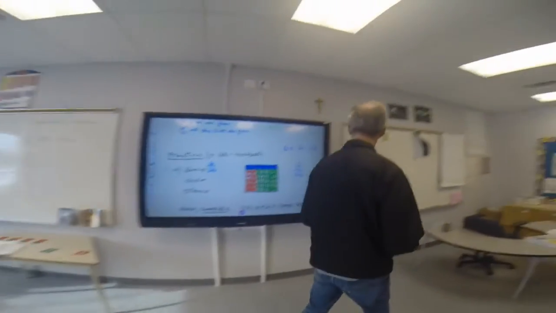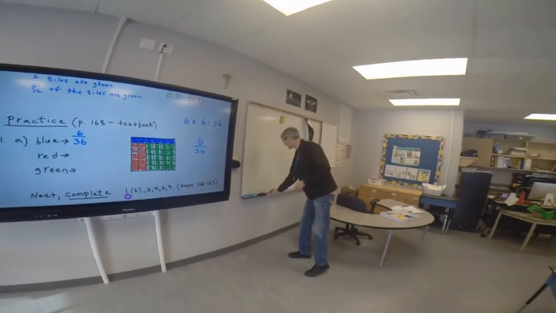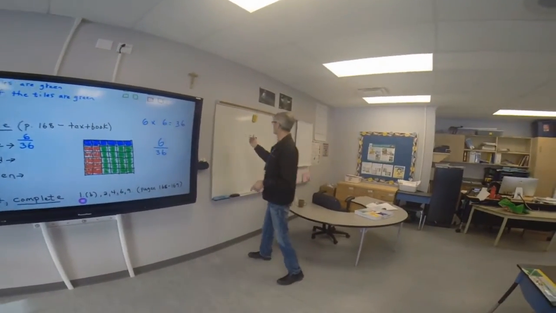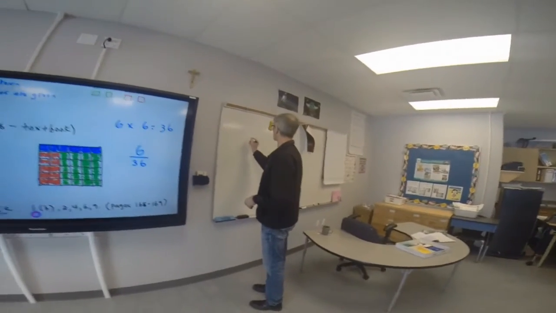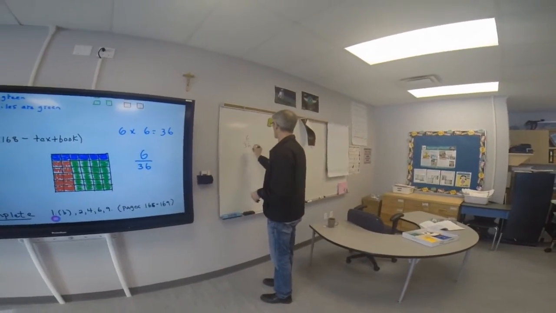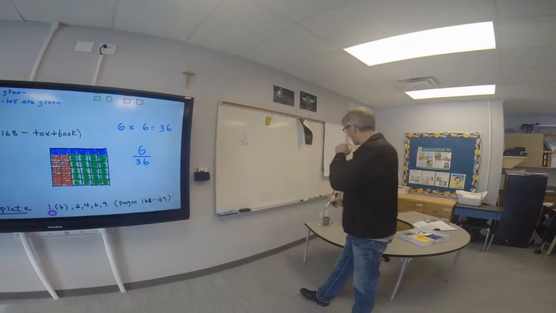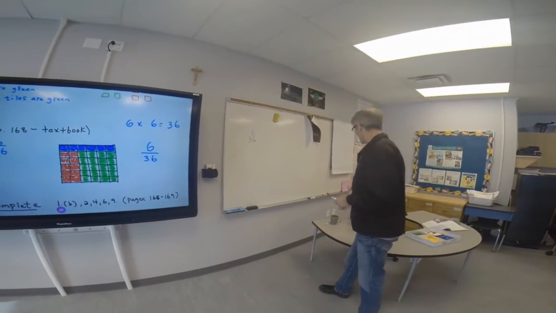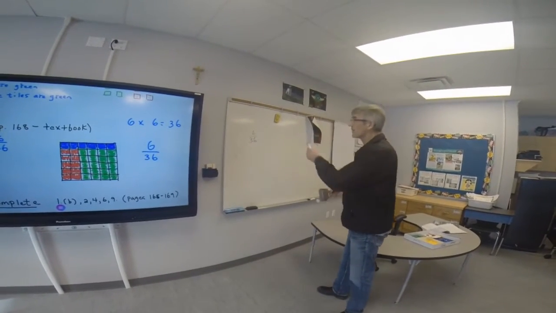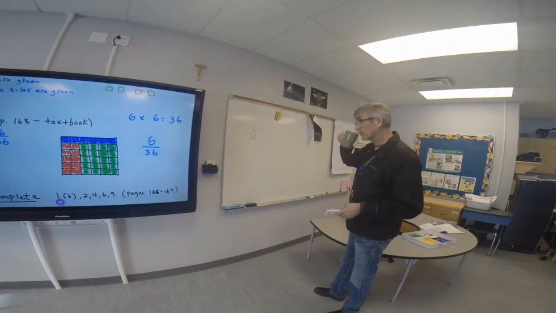Okay, so I'm going to go over to the board here. Make sure I'm not writing with the wrong marker. And we can multiply or divide to make equivalent fractions with this number that we've come up with for the blue color.